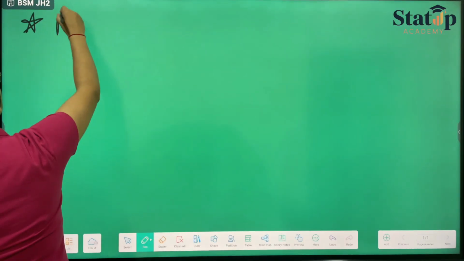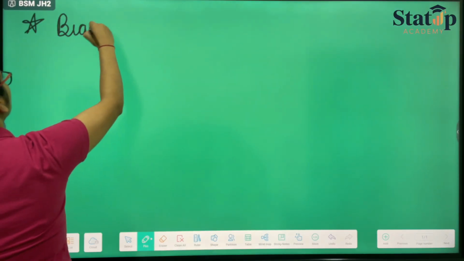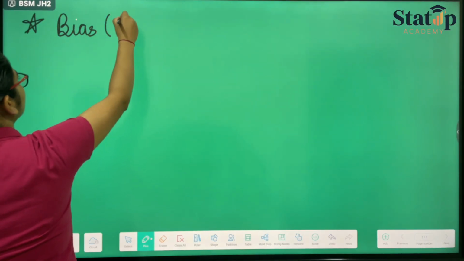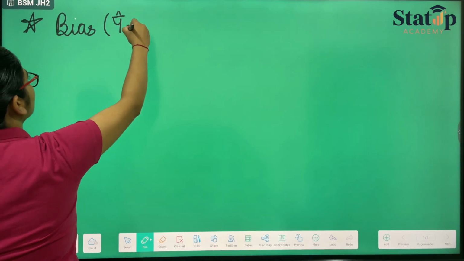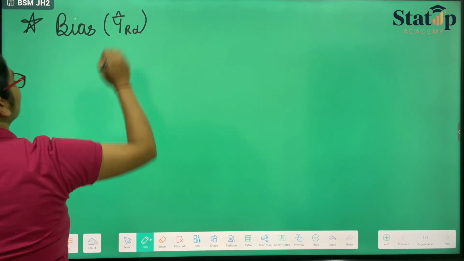That was bias of ratio estimator and double sampling.